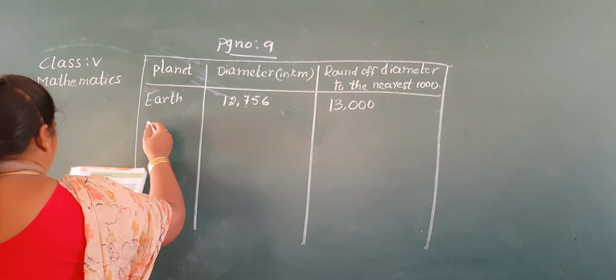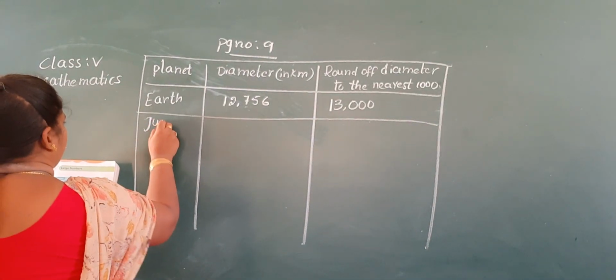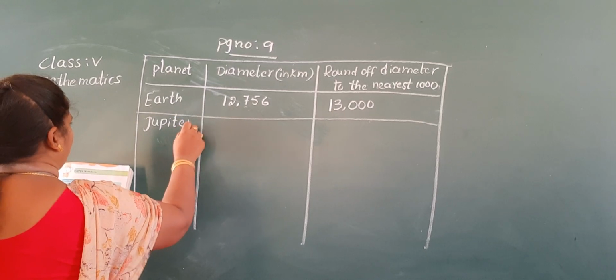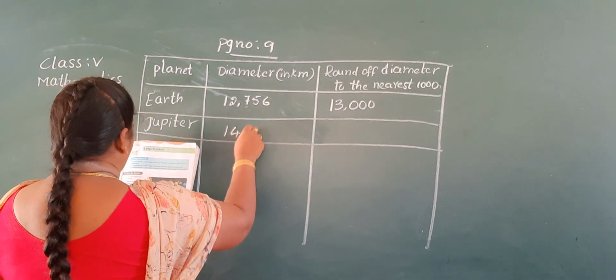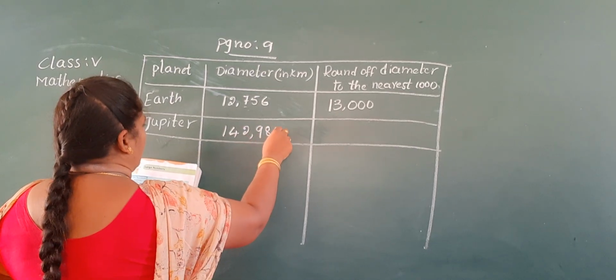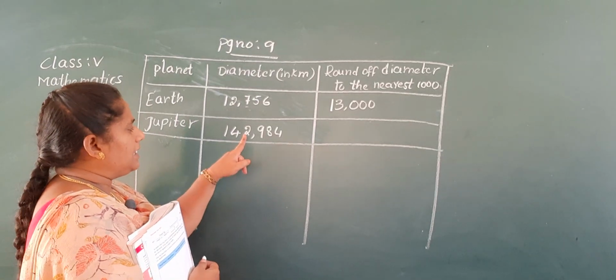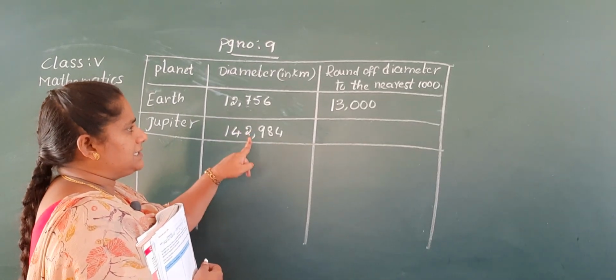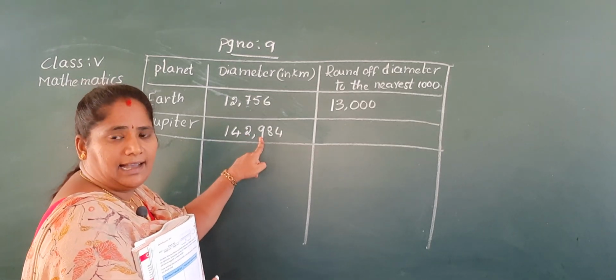Now Jupiter. The first one is over. Jupiter is 142,984. See the thousands place. To round off this diameter to the nearest 1000, you see the digit at the hundreds place.